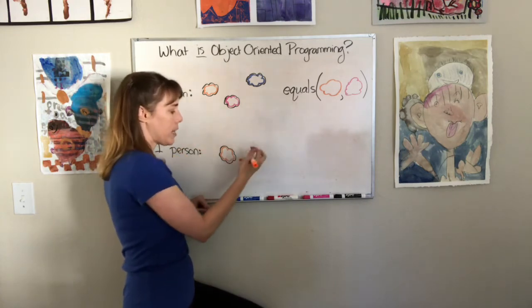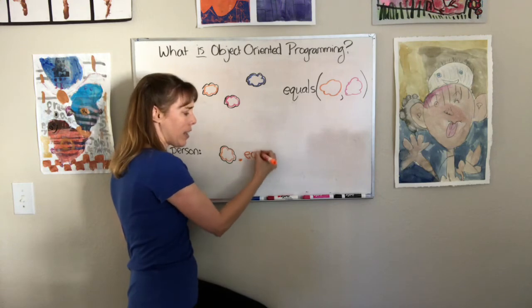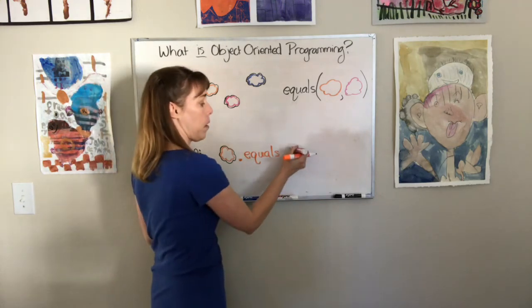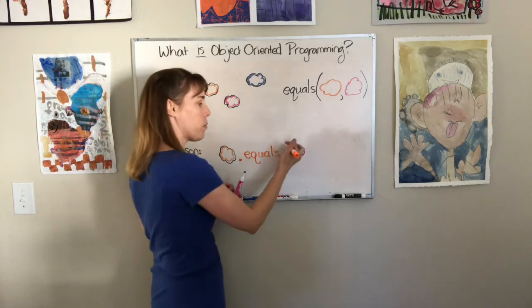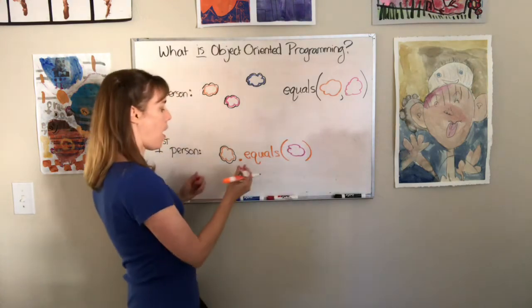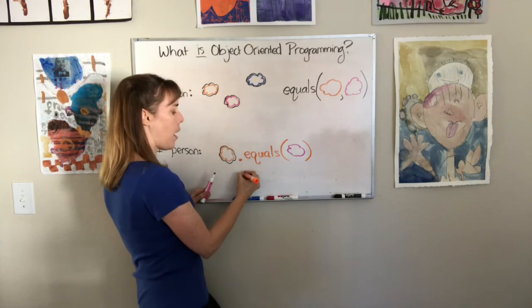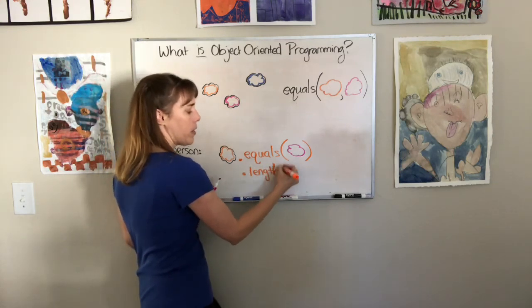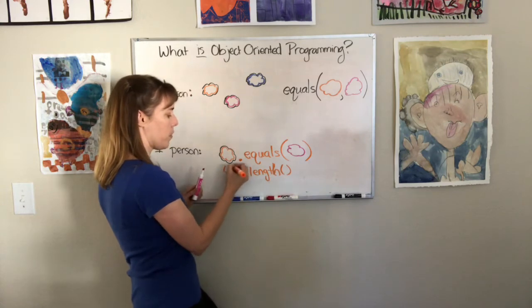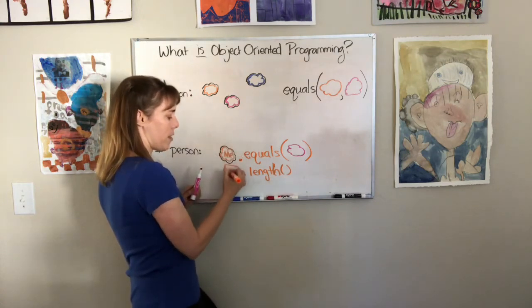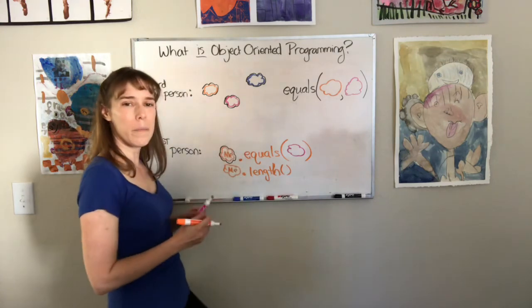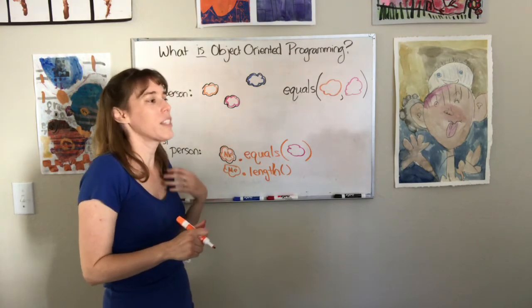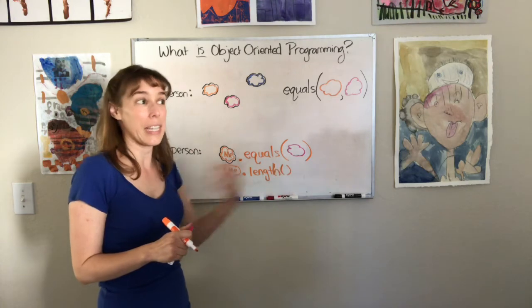So he can say, hey, am I equal to this other guy over here? Please tell me. What is my length if I'm a string, right? But it's all from the perspective of me, one particular instance thinking about the world related to him.